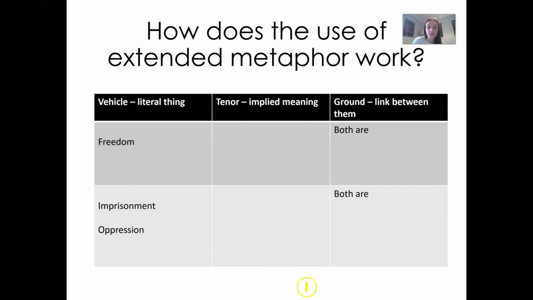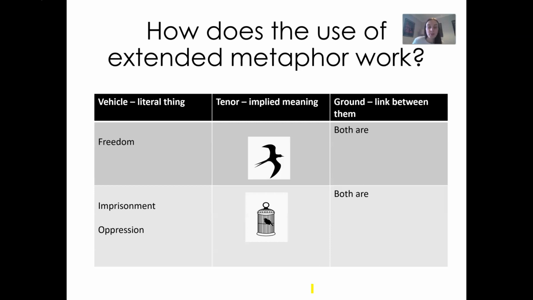Okay, so hopefully you would have recognised here that the tenor for freedom was the comparison to the free or the flying bird. And for oppression or imprisonment, it was the caged bird.